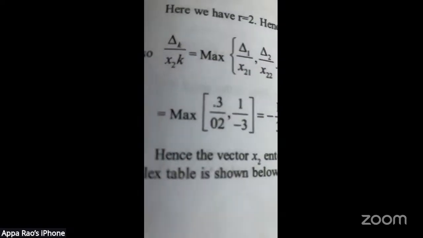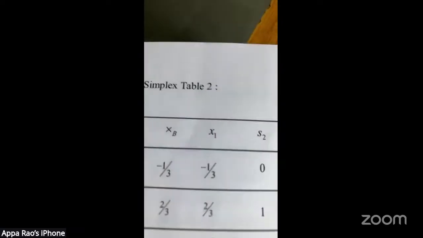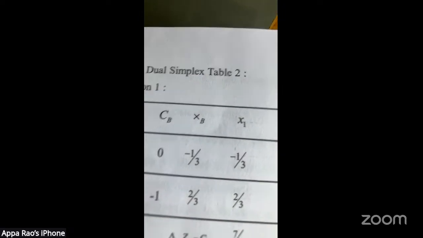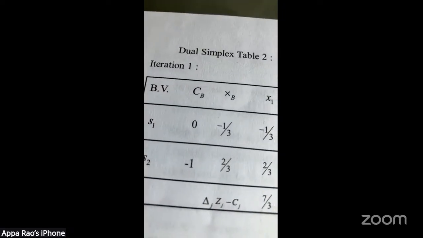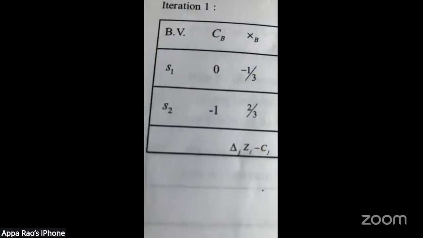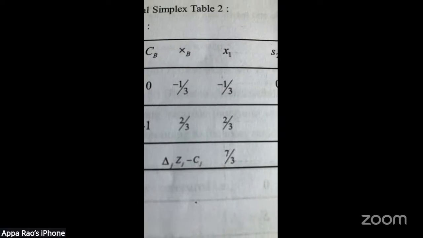Now the modified simplex table is shown below. Dual simplex table 2, iteration 1.